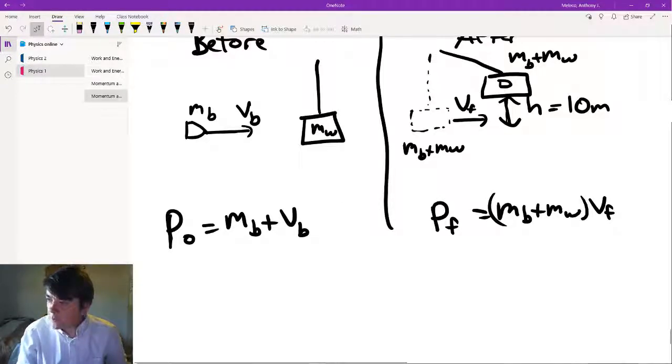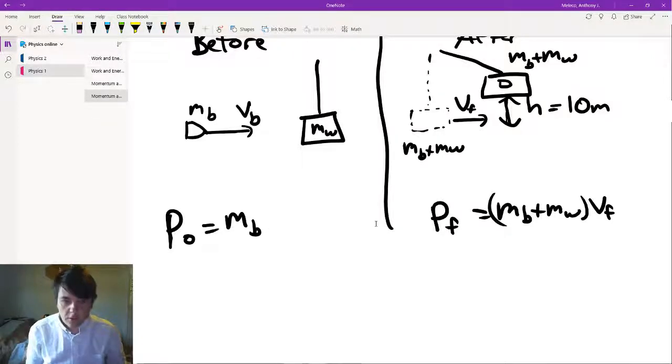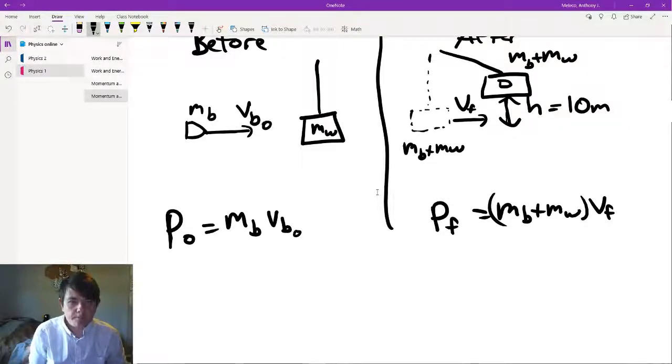And now what we need to do is we need the initial. Sorry, it's mass times velocity for momentum. So we need the initial velocity of the bullet to cause this. So I'm going to go ahead and do VBO. Okay.